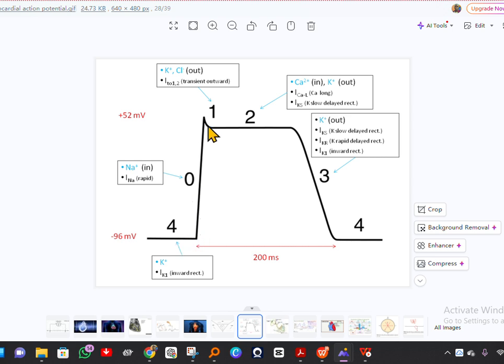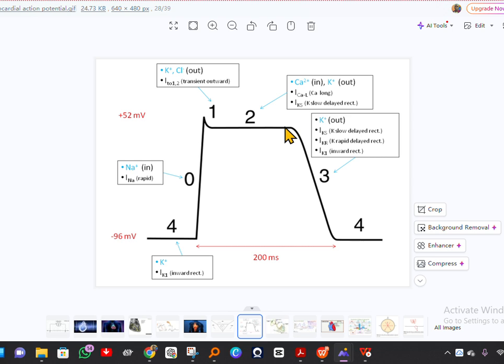So you see that in phase 0 sodium ions enter rapidly. Then after this rising phase, potassium ions are moving out like in the normal action potential of the nerves. What causes the plateau phase is that potassium ions move out while calcium ions are entering. And the importance of calcium ions is in muscle contraction, meaning throughout this plateau phase, this is when muscle contraction is taking place.